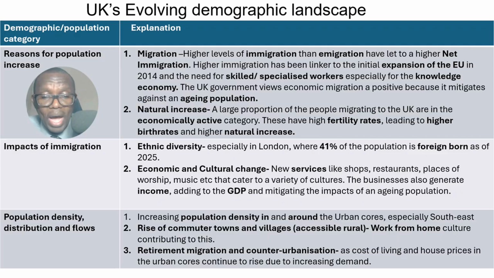Then we also have rise of commuter towns and villages. Now these here are considered to be the accessible rural areas. These are areas that are outside the urban cores, but where people choose to move to rather.